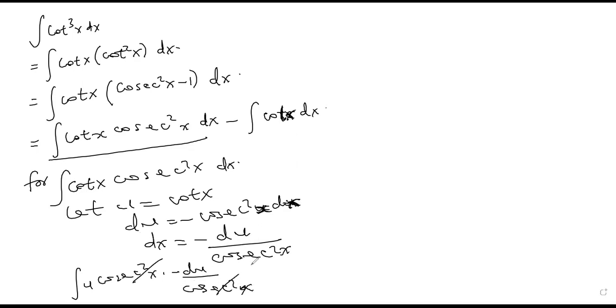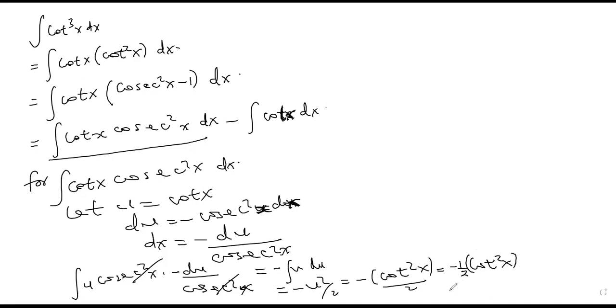These will cancel, so that you have the integral of negative u du, which is the same as negative u squared out of 2. But u is the same as cot x, so it will be negative cot squared x out of 2, which is the same as negative a half cot squared x.